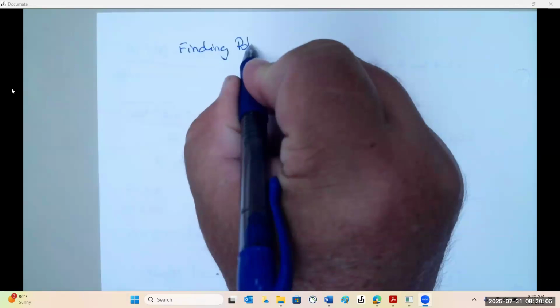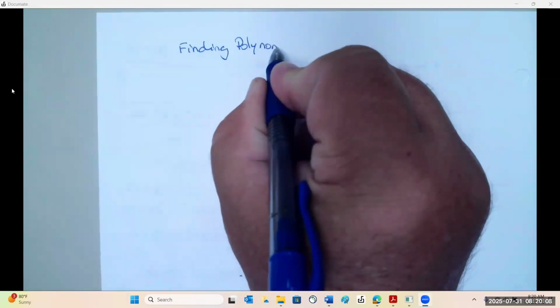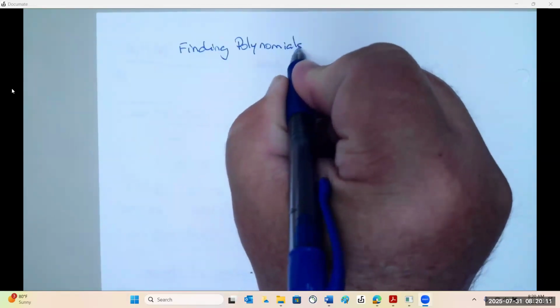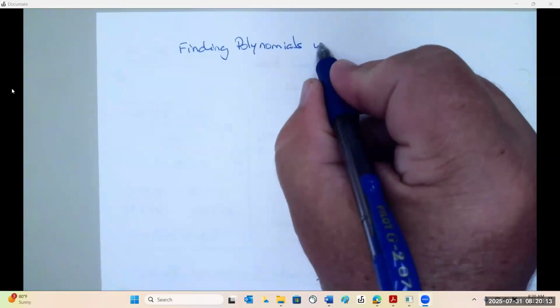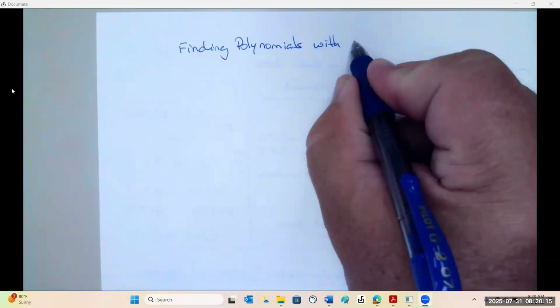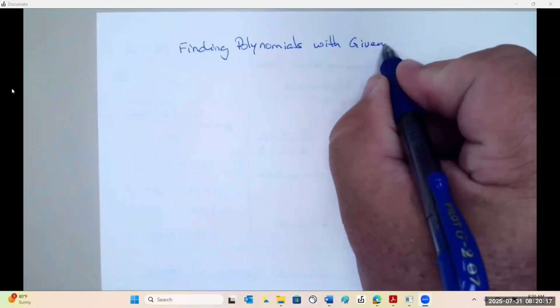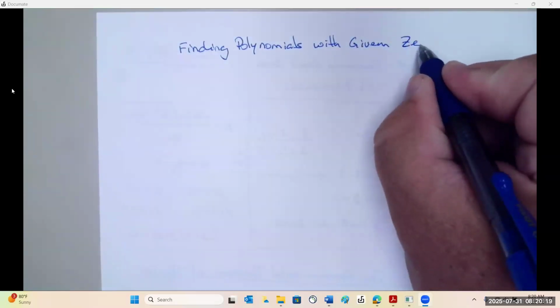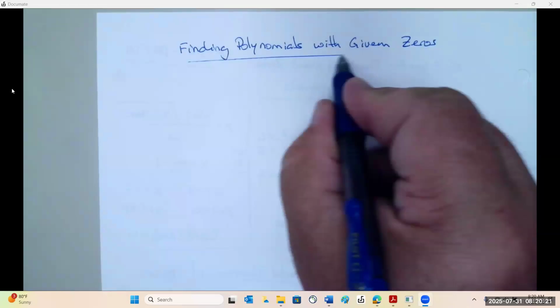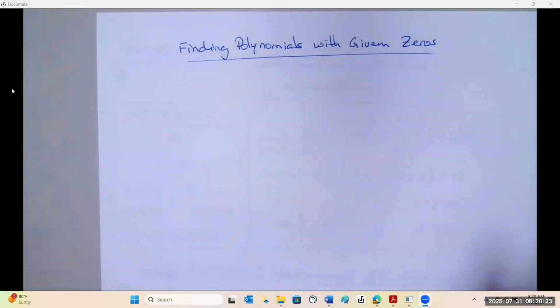Finding polynomials with given zeros. What do you think given zeros means?